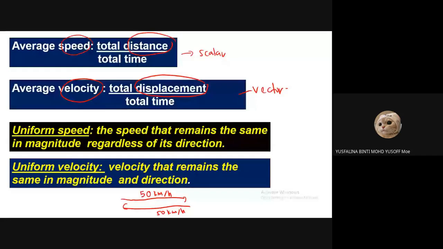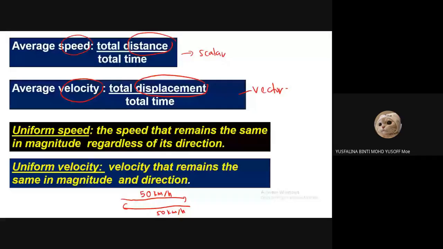Because speed is a scalar quantity, the direction is not considered. We only consider the magnitude, and the magnitude is the same, 50 kilometer per hour. So we can call it uniform speed.